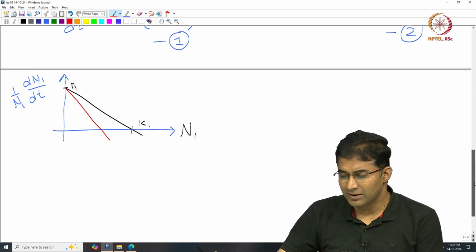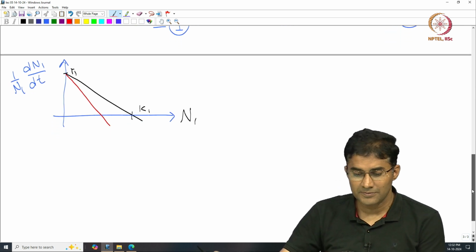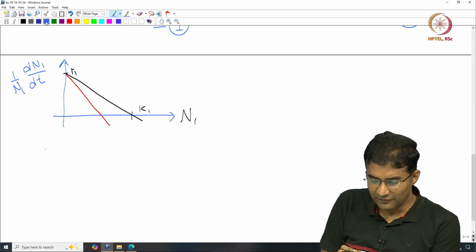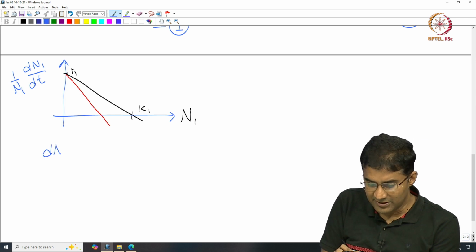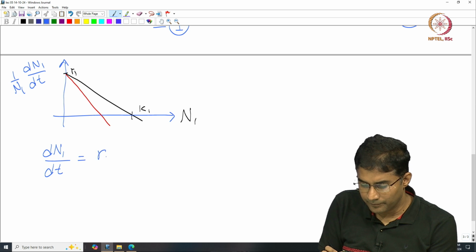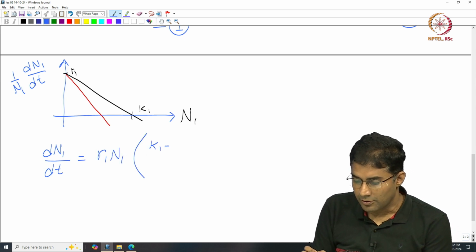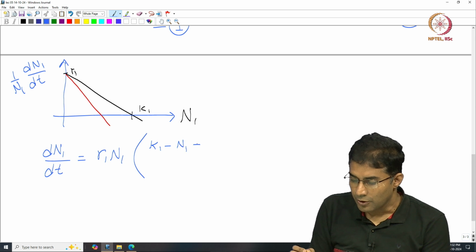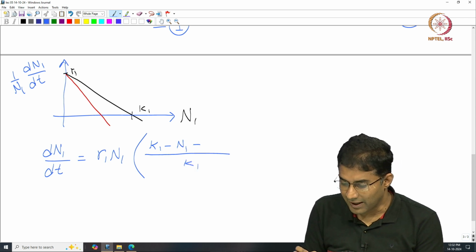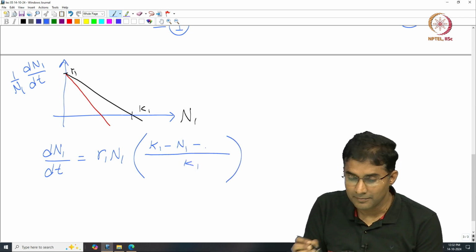So, in terms of mathematical equations, how does this influence the equation for the growth of population 1? So, we can write an additional term here.